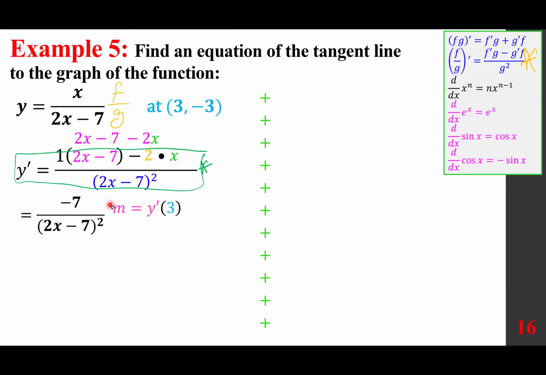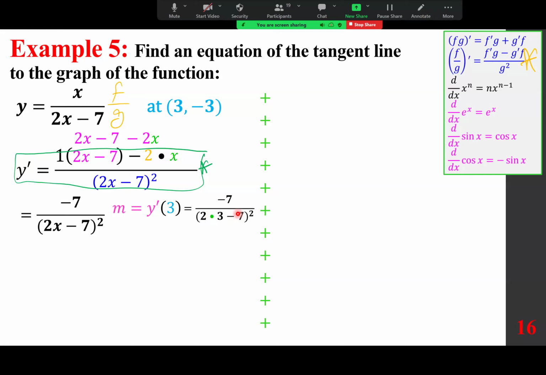Replace the x with 3. So what happens when you do that? This is 6. This is minus 7. So inside the parentheses, the whole thing goes to negative 1. Square it, you get positive 1. So the answer is minus 7.